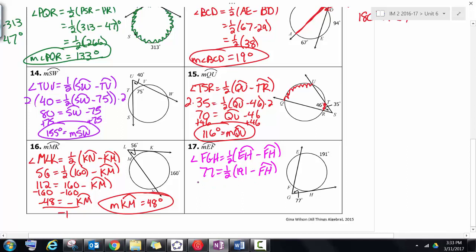Multiply both sides by 2. Subtract 191. I get negative 37 equals negative arc FH, divided by negative 1, and the measure of arc FH equals 37 degrees. So those are our angles outside of a circle.